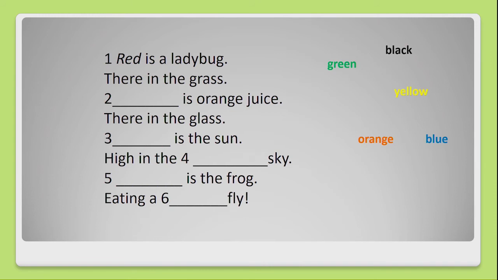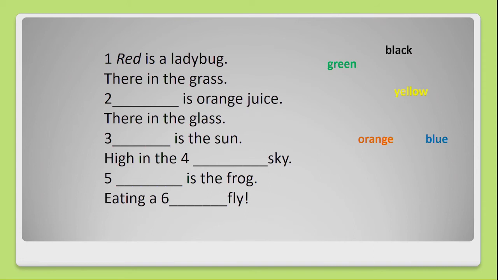Now please read the poem and try to put the words in the correct place. You have words green, black, yellow, orange, blue. Let's check.